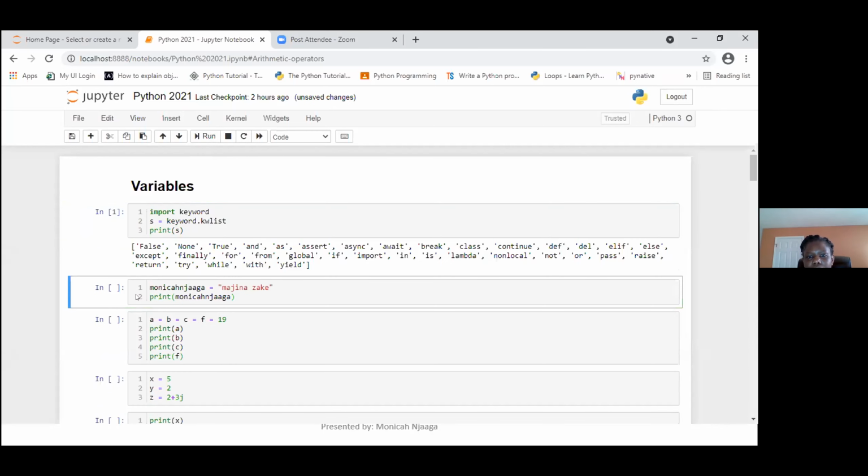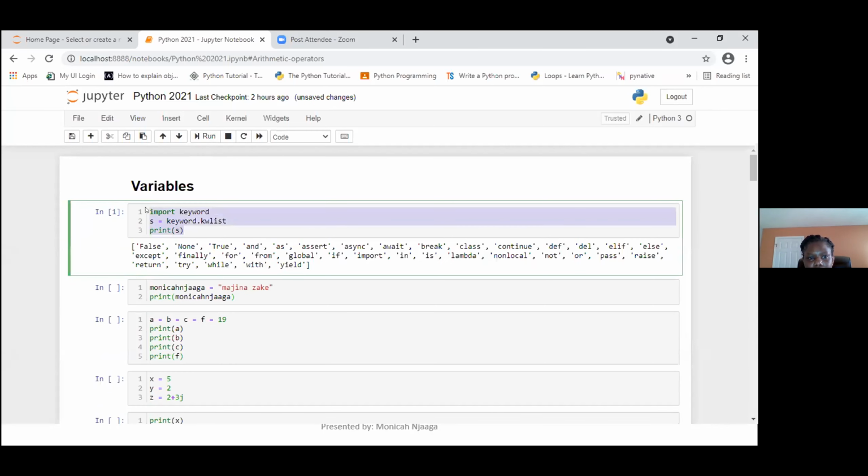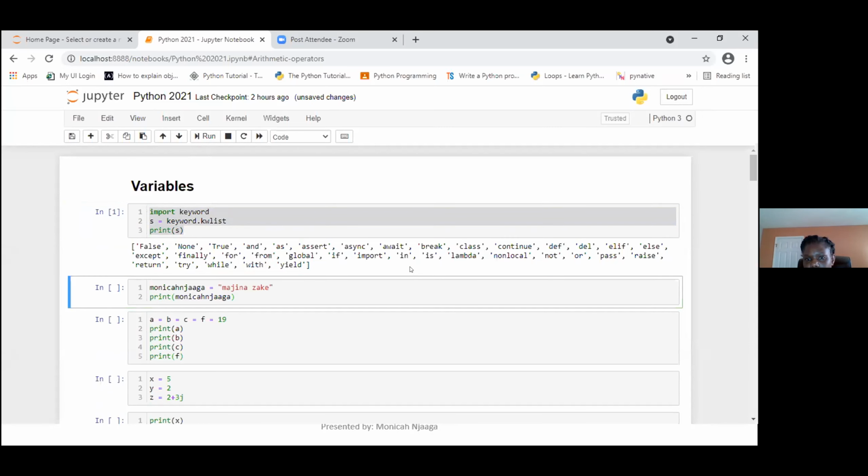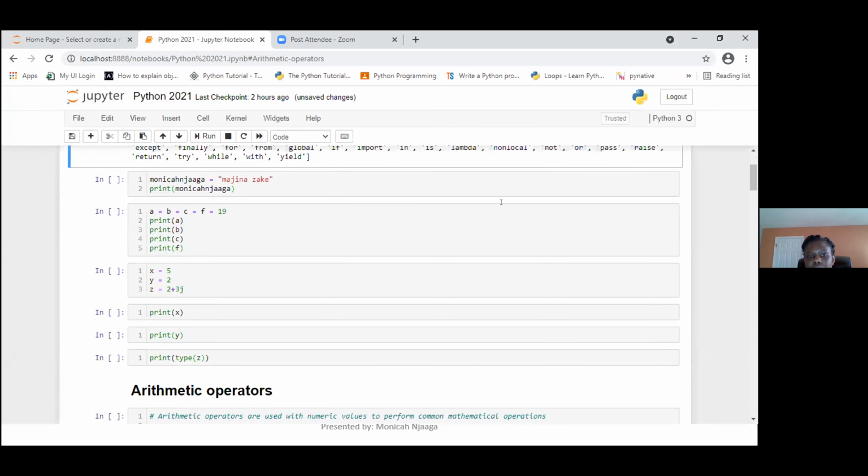You may wonder, what are the keywords? This is a handy piece of code that you can run, and it will tell you all the keywords that you have in Python. What that means is you can't have a variable name called await or assert or and or true, and so on.